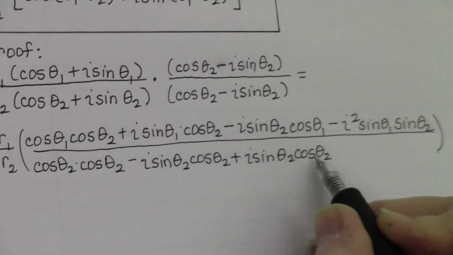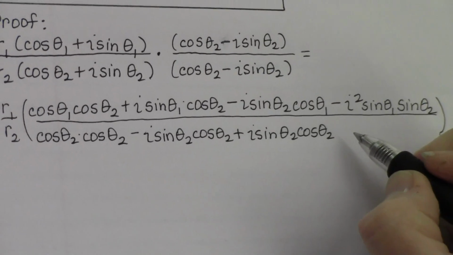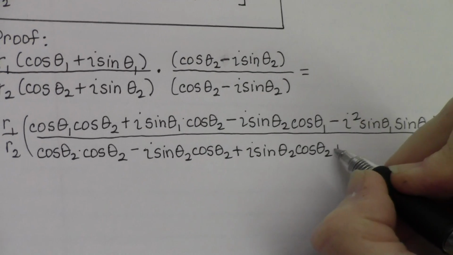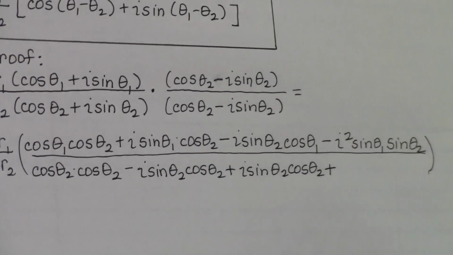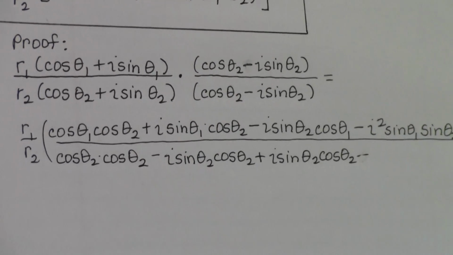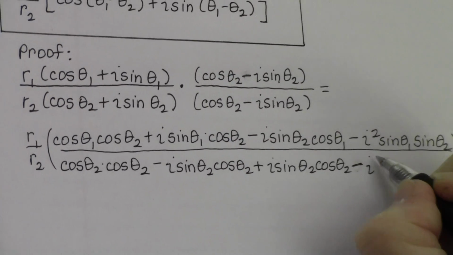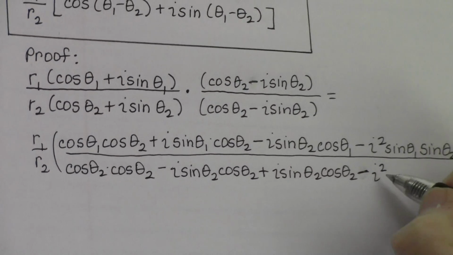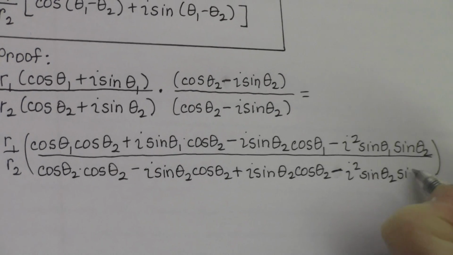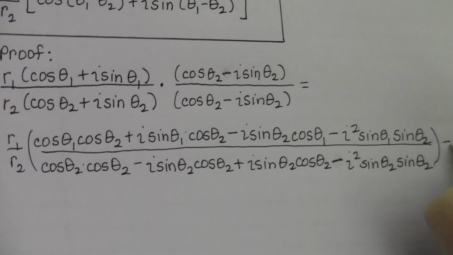Notice anything right there? I think those are going to zero out. That's the nice thing about multiplying by a complex conjugate. And then the final term, last times last, is negative. Thank goodness for whiteout. It's negative i squared, so eventually it'll become positive, but negative i squared sine of theta sub 2 times another sine of theta sub 2. Okay, so made it through that.